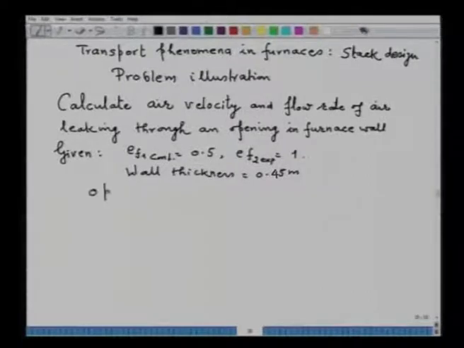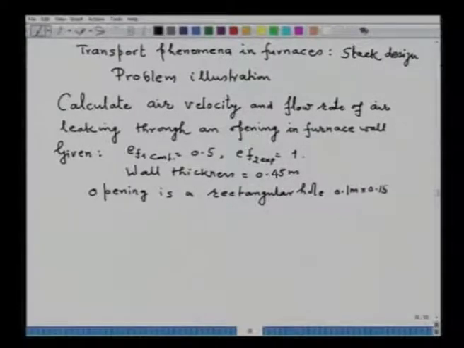The opening is a rectangular hole of cross section 0.1 meter into 0.15 meter.